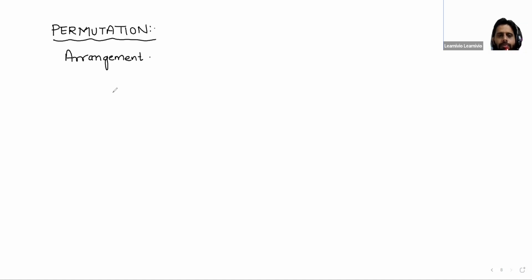Suppose we have two alphabets, A and B. With the help of these two alphabets, how many words can we form? We can write AB and we can write BA. So you will get a question like this, that these are three alphabets, and you need to make a word by these alphabets. So please find how many words can be formed.